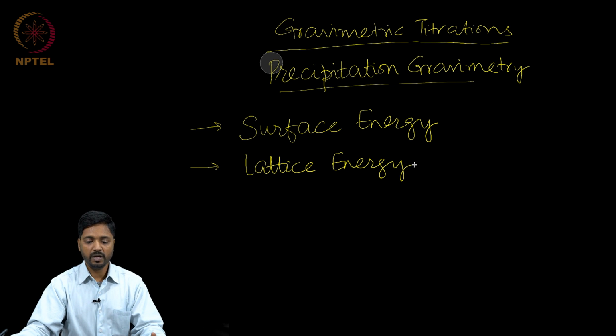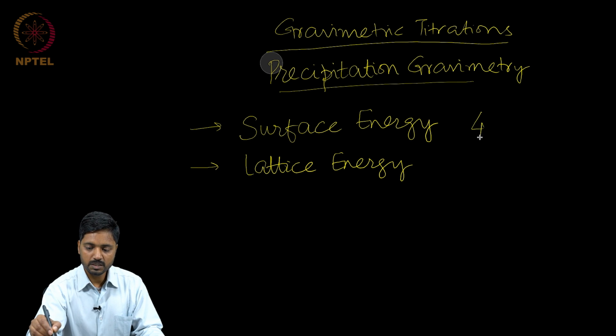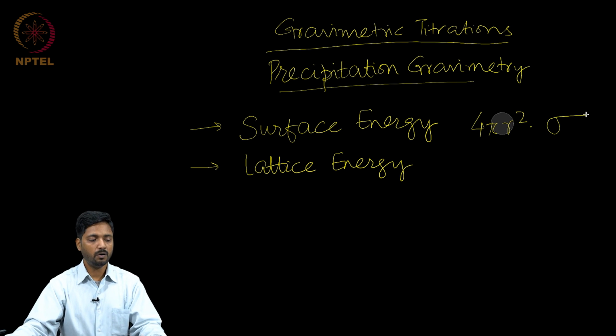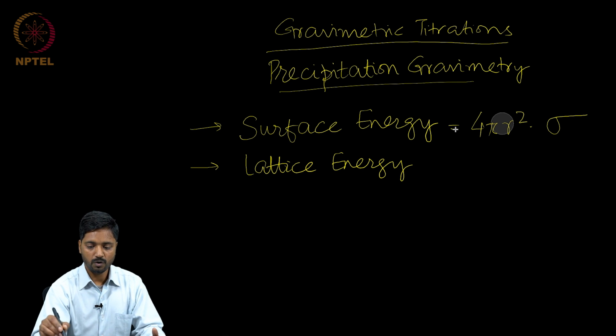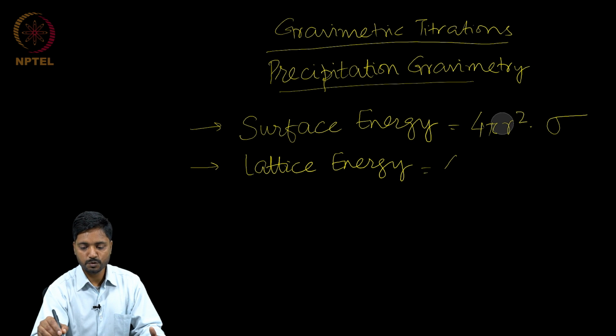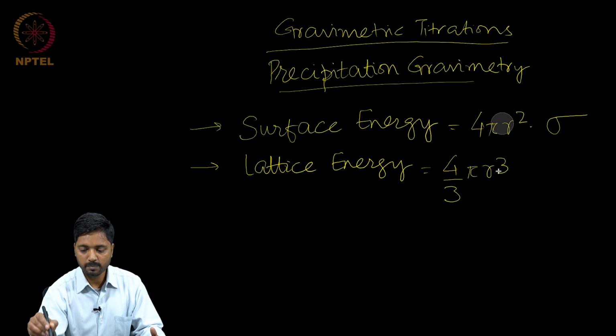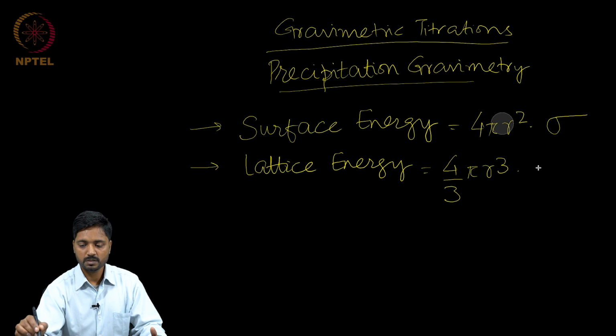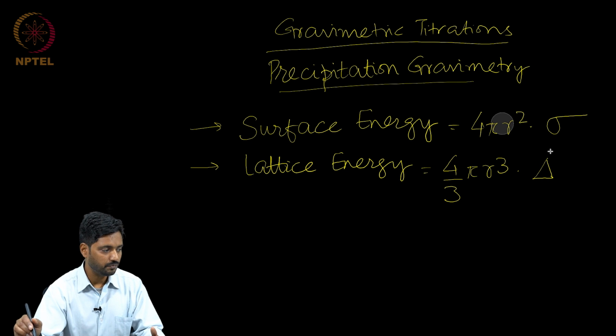Being a surface energy, it is mainly dealing with the surface of the particle, and for a spherical particle this will go as 4 pi r square into sigma, the surface tension. Similarly, lattice energy is more of a volume thing, so this will be 4 by 3 pi r cube into delta G_V.